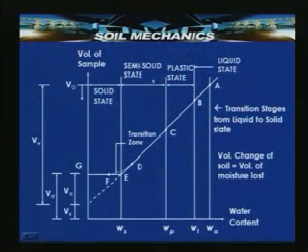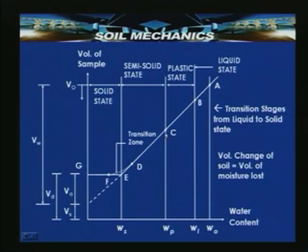Similarly, at point C, the interface between the semi solid state and plastic state is known as the plastic limit. The difference between liquid limit and plastic limit gives the range of plasticity of the soil, that is, liquid limit minus plastic limit gives you the plasticity index.